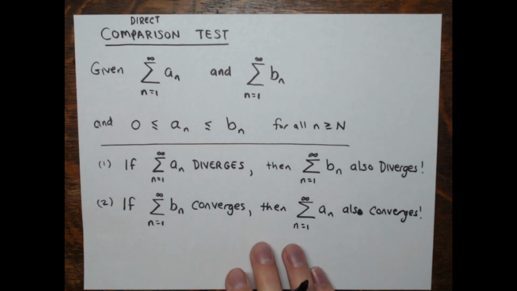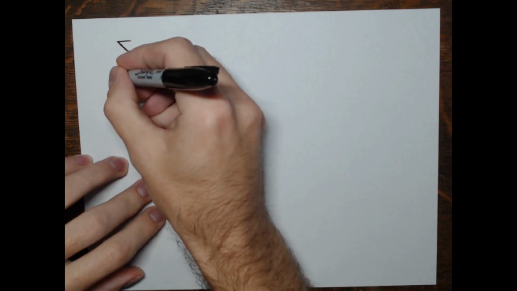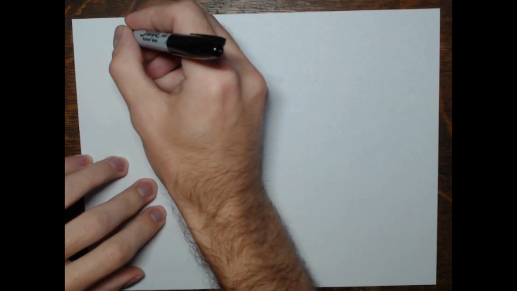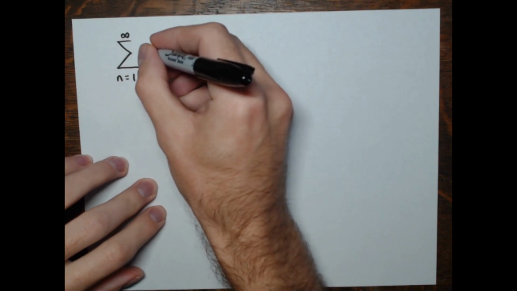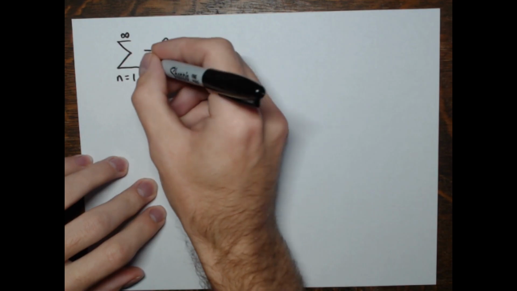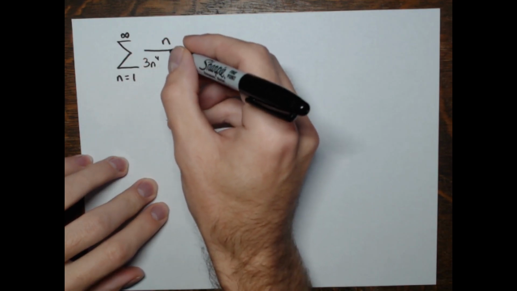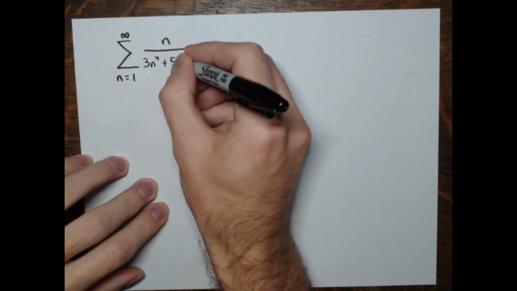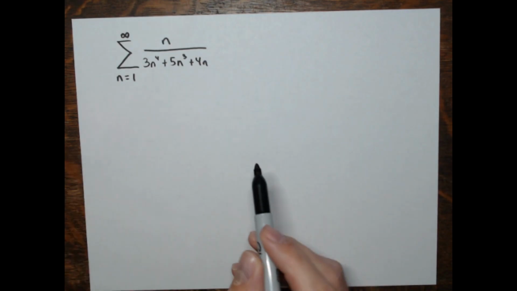So now, the example we're looking at from the problem here. We're given this series: the sum from n equals 1 to infinity of, and the terms of our sum look like this, n over 3n to the fourth plus 5n cubed plus 4n, right?